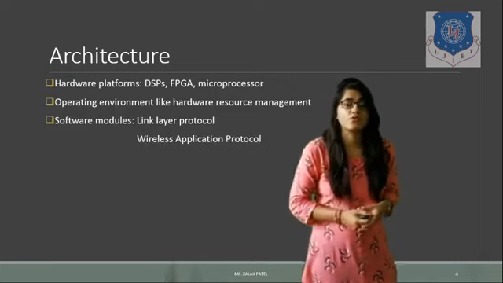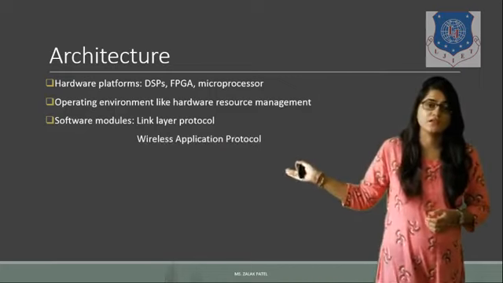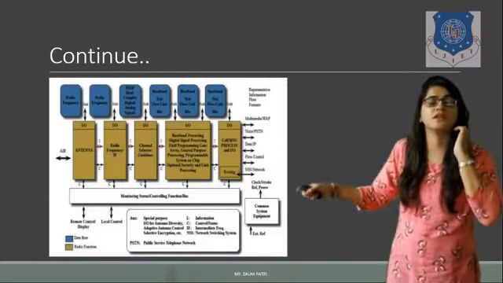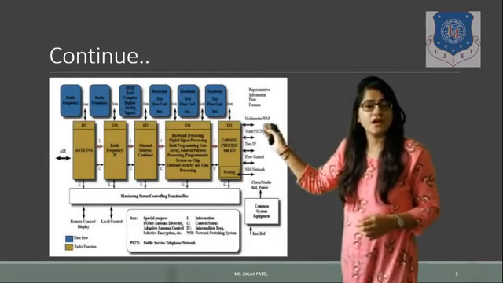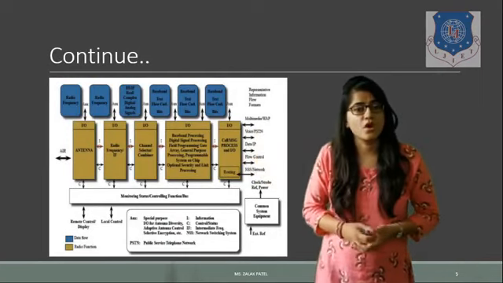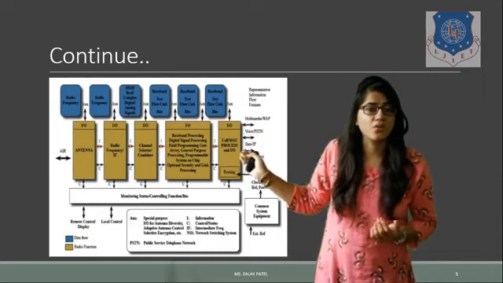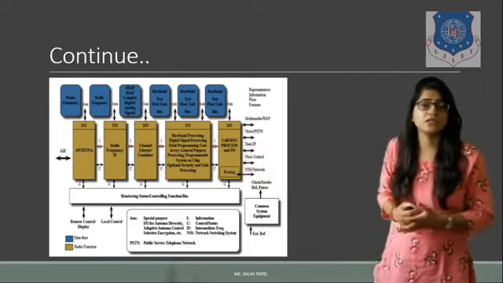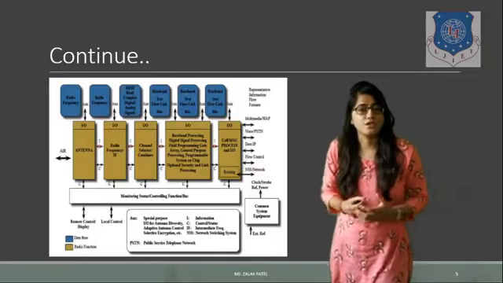The next protocol for this is the wireless application protocol, which can also be used. If we want the diagram, then it will be like this. In this diagram you can see some blocks like the antennas and channel coder, and the various platforms for the digital to analog converter and analog to digital converter.